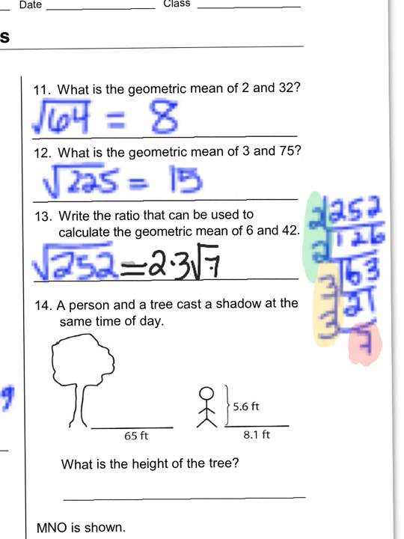So you can see I took out the 2, and I took out a 3, but the red 7 stayed in the radical. So if I multiply the green with the yellow, I end up with 6 square root of 7. And that is my answer for the geometric mean.